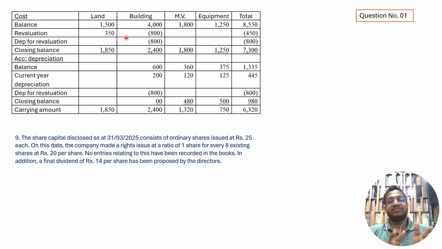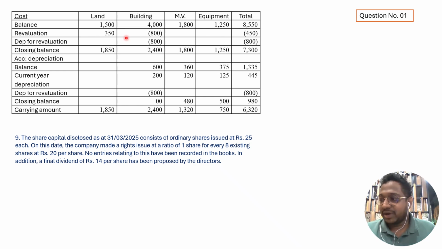But instead of that, they recorded the total revaluation surplus in the revaluation reserves account, right? So in the trial balance, the land revaluation reserves is 900. So this 900 is after adding that 350. So you have to exclude that 350 from 900.